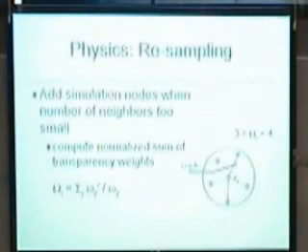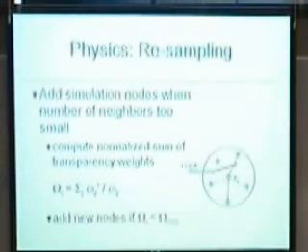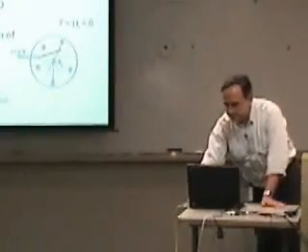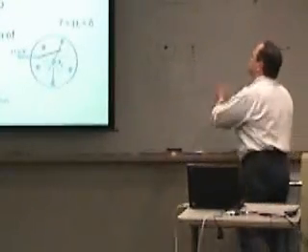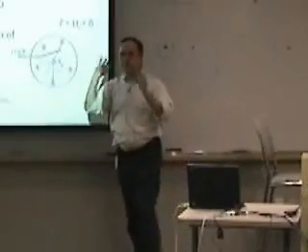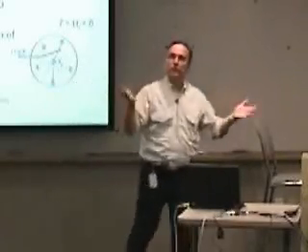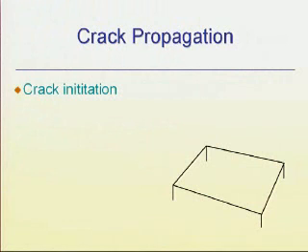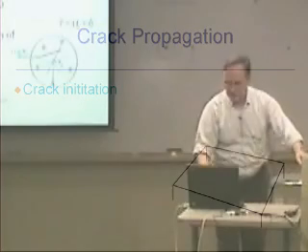And so maybe now this total sum becomes less than some threshold. So what you do is you add extra points. And so that is why in the animation you saw these green points being added near the blue points, because the transparency criterion made this node fall below the threshold.